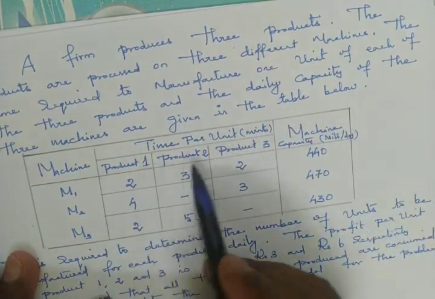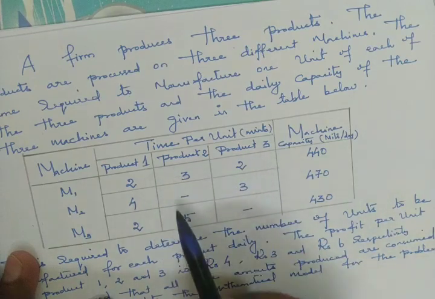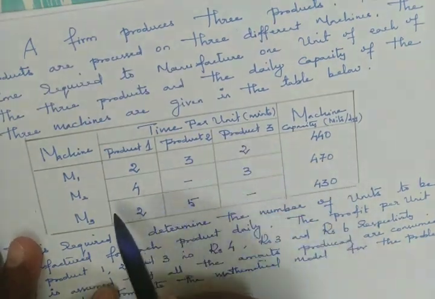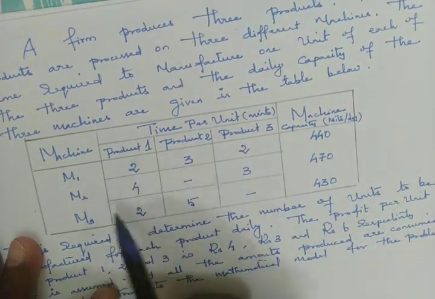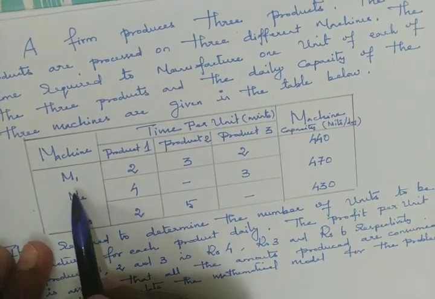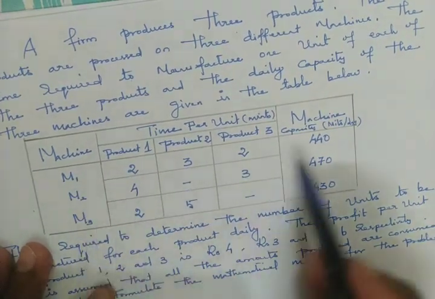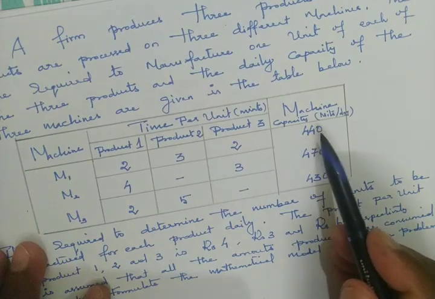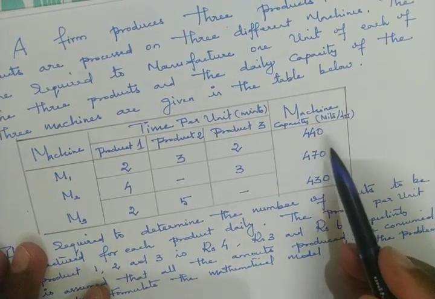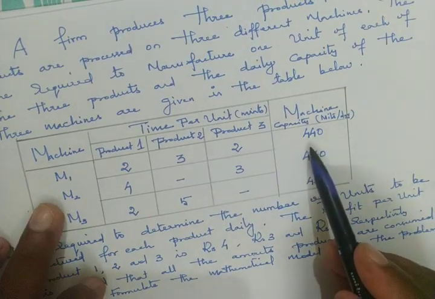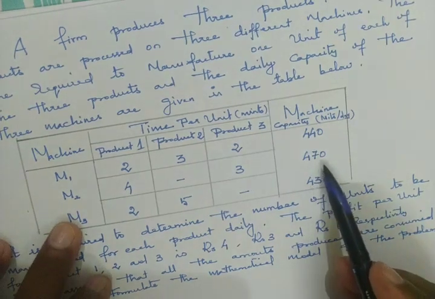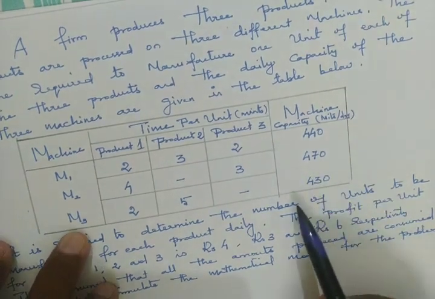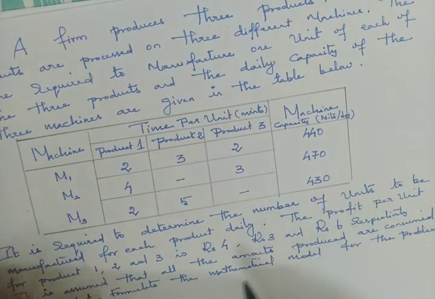Here the time per unit to produce each product on each machine is given very clearly, machines M1, M2, M3, and also the machine capacity. You can use a maximum of this machine per day. Machine M1 is 440 minutes, machine M2 is 470 minutes, machine M3 is 430 minutes.